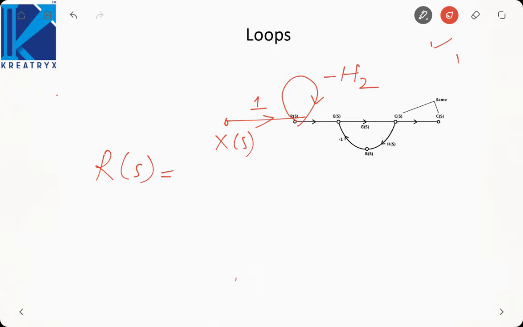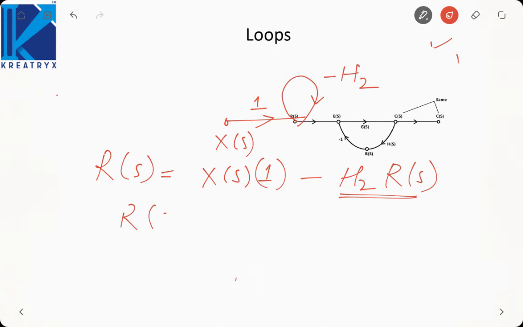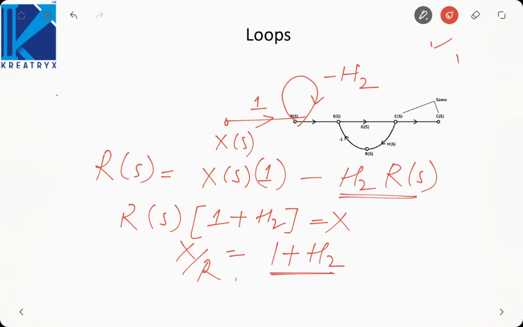So let me keep the gain as 1, that is X into 1. But this branch is H2 into R(S), this signal is H2 into R(S). So R(S) into 1 plus H2 is equal to X. So X by R is basically 1 plus H2. That is why X and R are not identical variables.